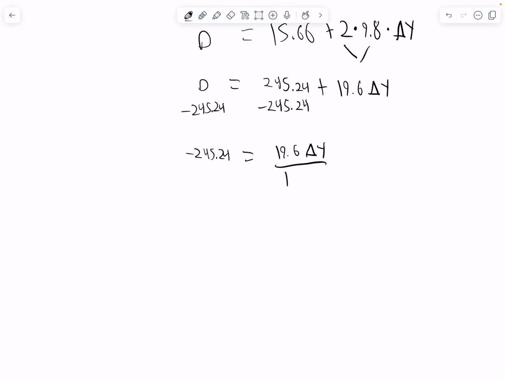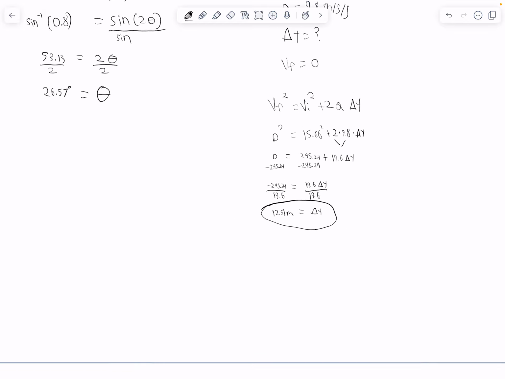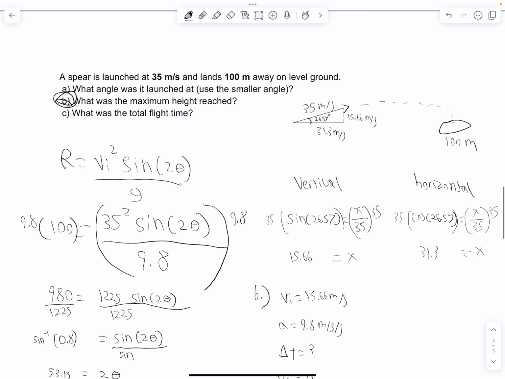Divide both sides by 19.6, and our distance should equal 12.51. I know you'll get a negative, but that's okay, just use positive for this. So that would be part B. Maximum height is 12.51 meters.